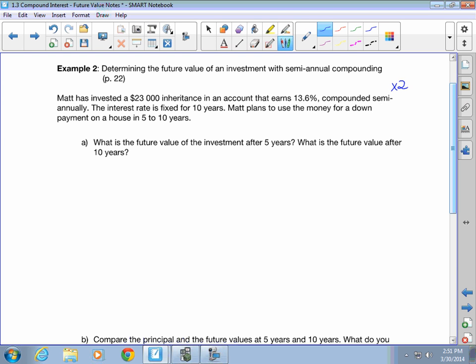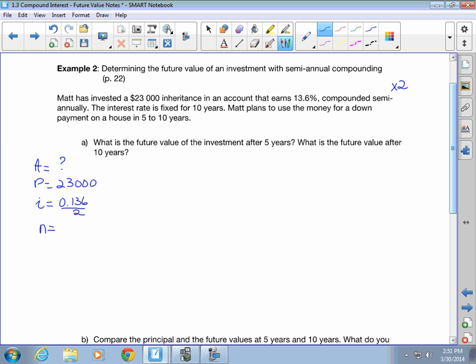So, knowing that our A, that's what we're trying to find, is our future value. Our principal, the initial amount, was $23,000. Our interest rate was 13.6%, which is an incredibly high rate. So that would be 0.136 compounded semi-annually, so we divide that by 2. And our n depends on the number of years we're looking at.